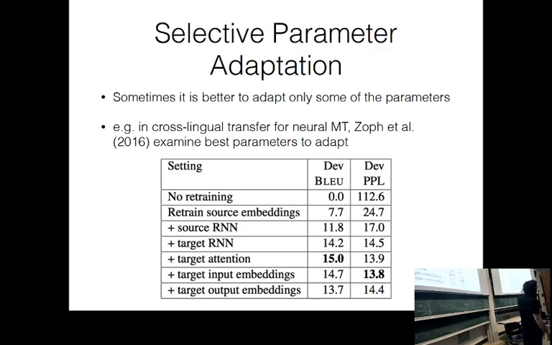You can see, for example, that in this case, the target attention was the most important one compared to the others, presumably because, although French and German would have that distinction, you'd need different attentions because they have different word orders, at least in some cases.